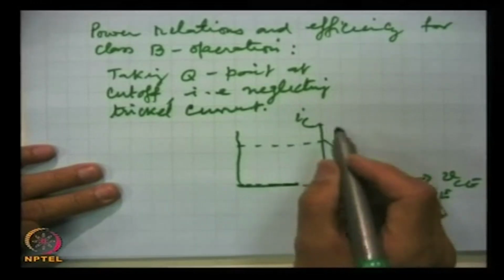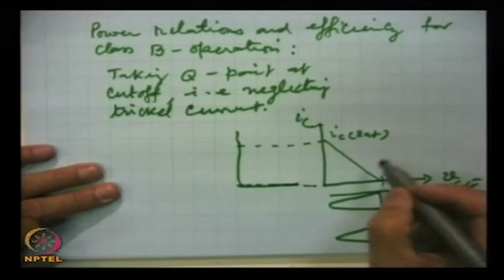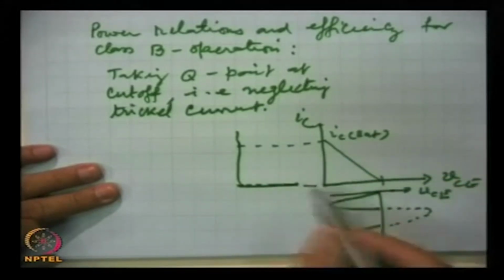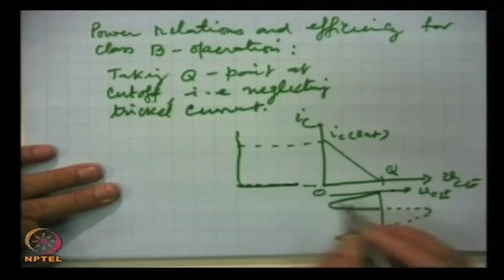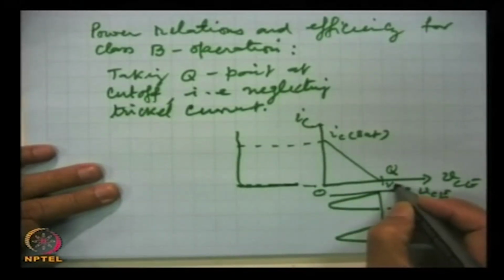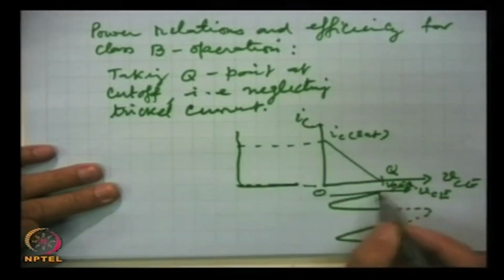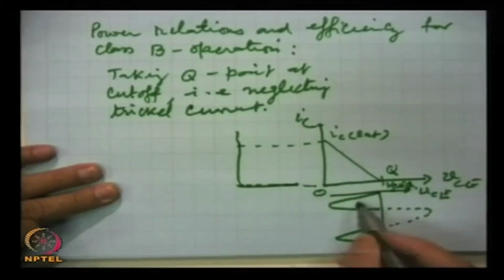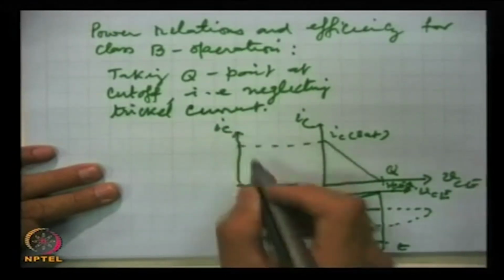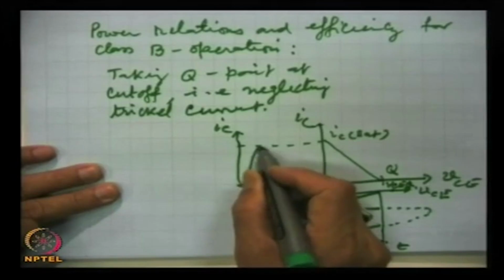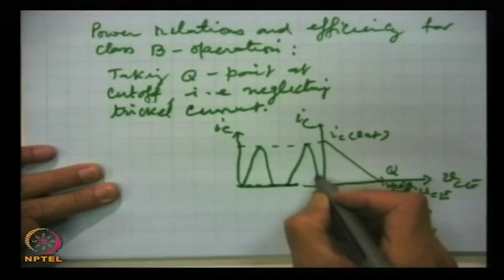This is IC sat, this is the AC load line and this is the Q point, this is 0, this is VCEQ, and the current will flow only for these halves and it will be IC like that.